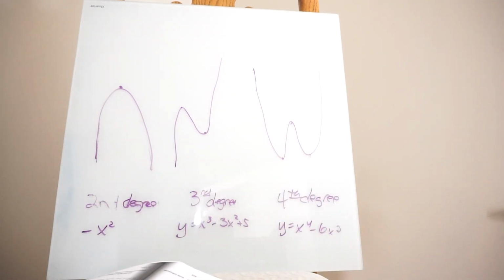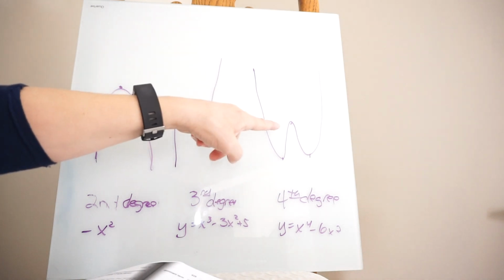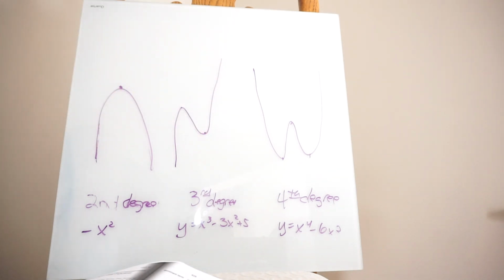Okay, for this one here, for the graph of the quartic function, just like the parabola, it's either going to open upward or down, because if you have a very large negative number and you raise it to the fourth power, that's going to become positive.